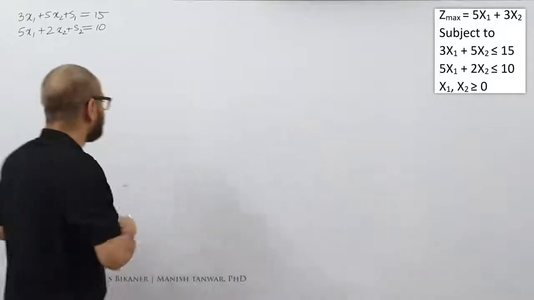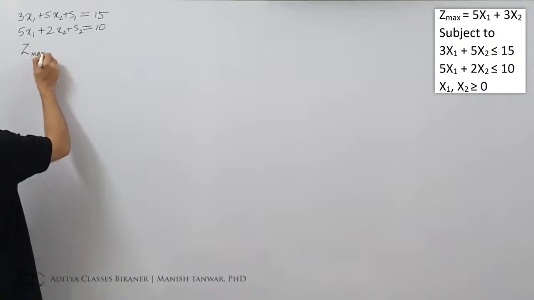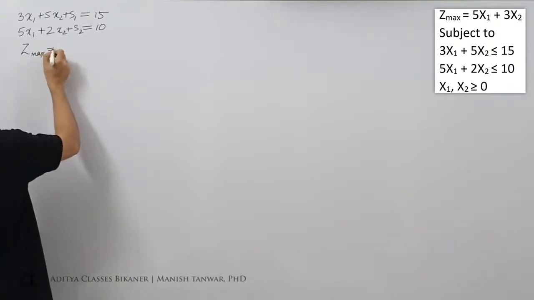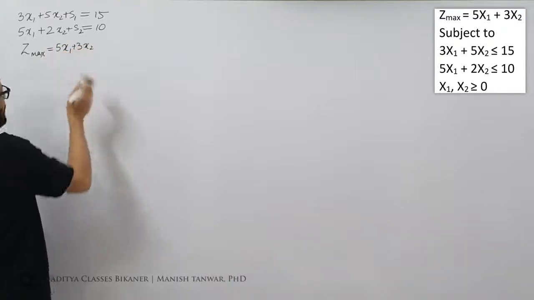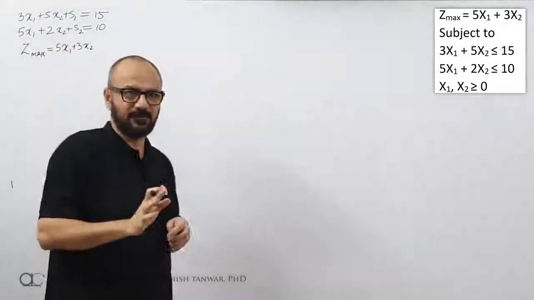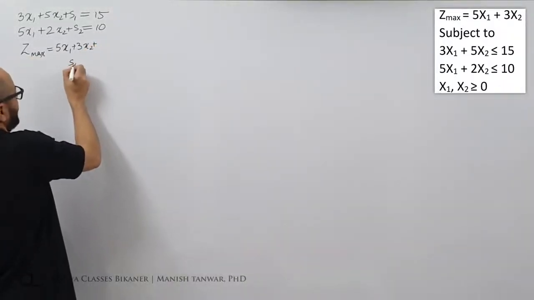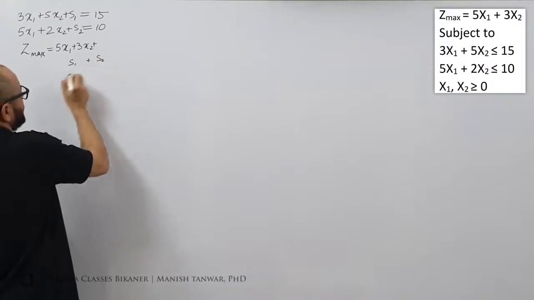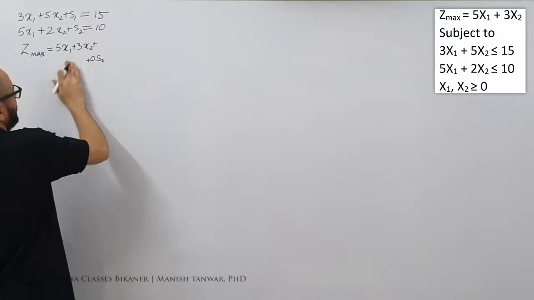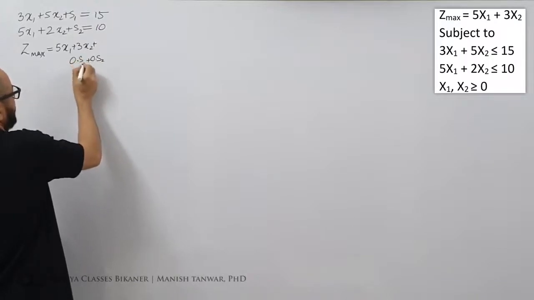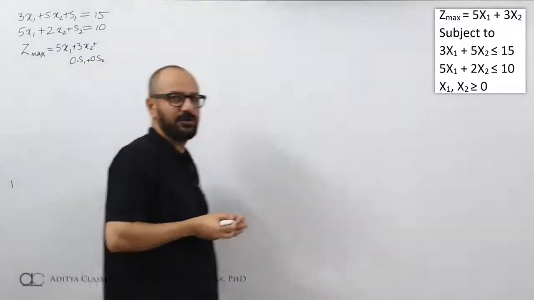How do we include them? I rewrite my objective function. Z max is equal to 5x1 plus 3x2, this is what we had in the question. Now my addition over here is S1, S2, and I multiply S1 and S2 with 0: 0 into S1, 0 into S2.